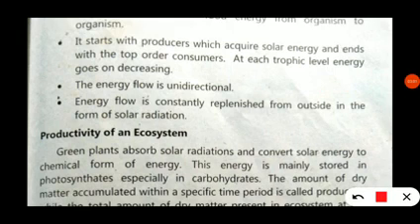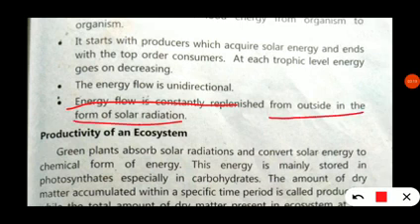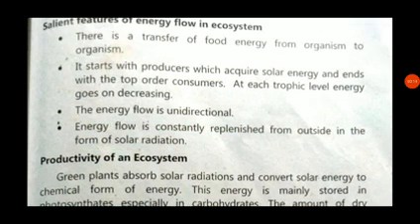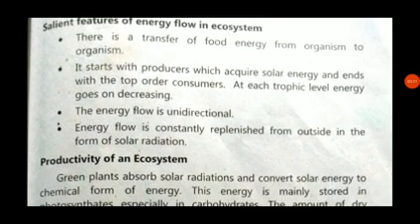Energy flow is constantly replenished from the outside in the form of solar radiation. These are some important functional aspects of the flow of energy. This is very important. Many times an MCQ will be asked on these salient features of energy flow in ecosystems.